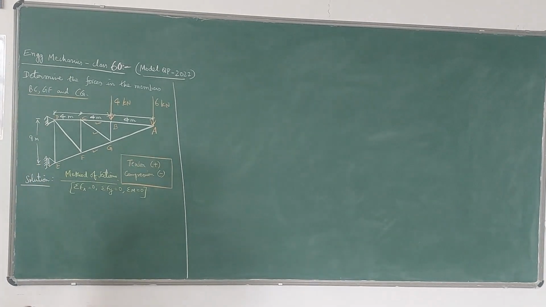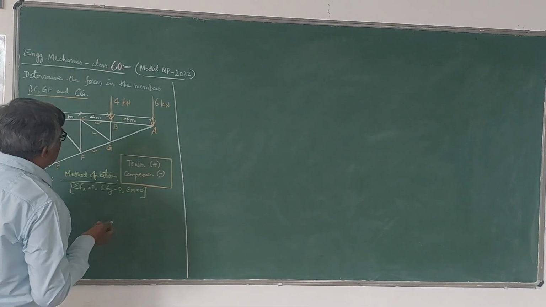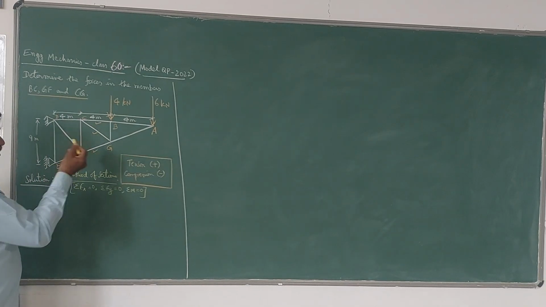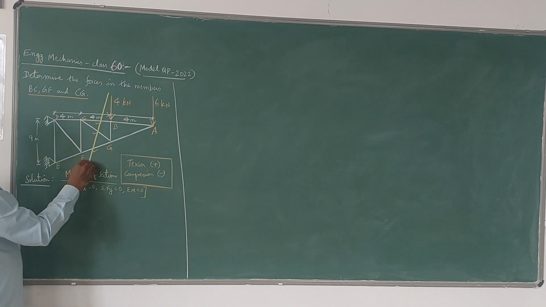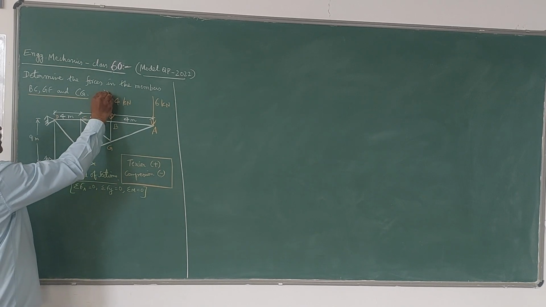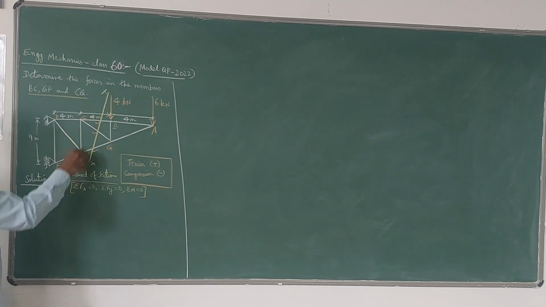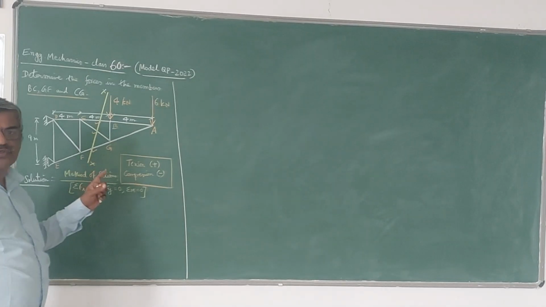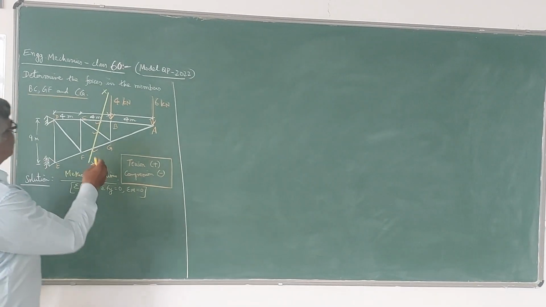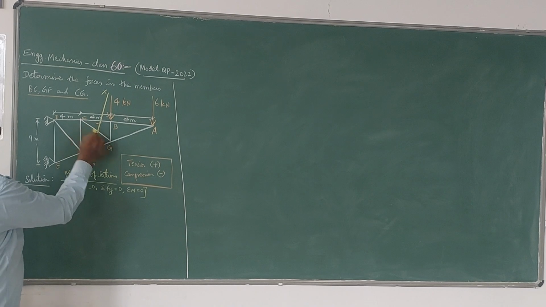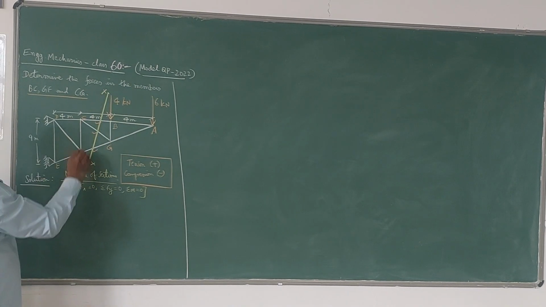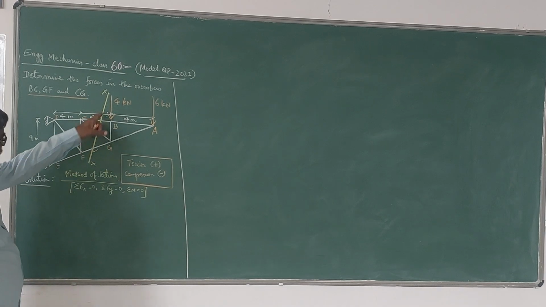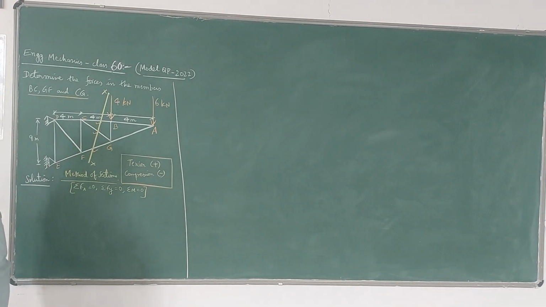So here the procedure is, in whatever members they ask, we have to take a section. For example, this XX is a section which cuts the members in which the forces are required. So here the forces are required in BC, CG and GF, so I will take a section XX which cuts all these three members of the truss.